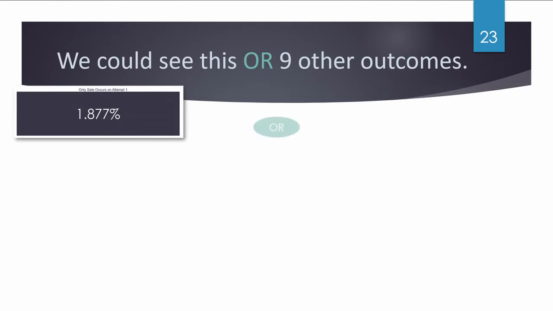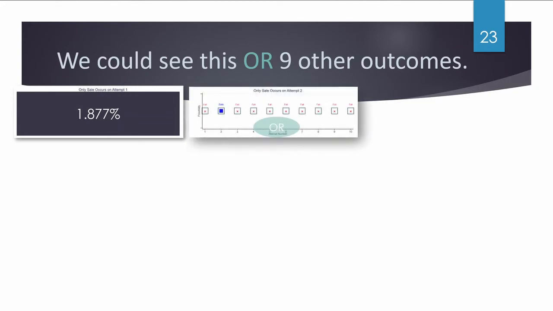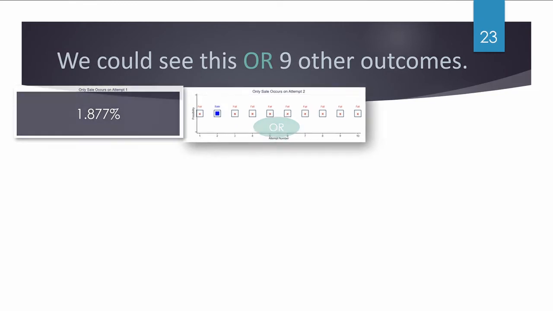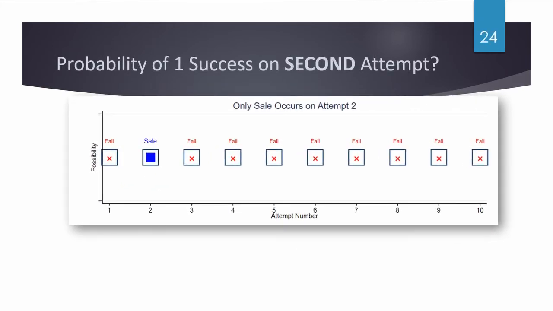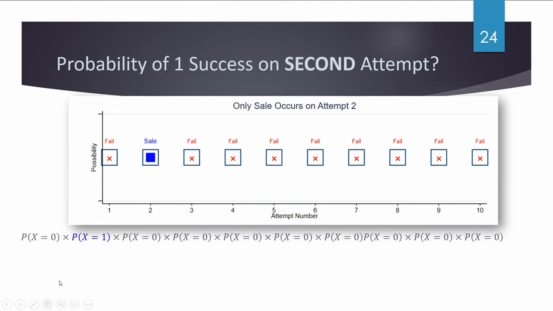One other possibility, we could observe this next graphic, which is what? It's a sale on the second attempt. So let's calculate the probability that that occurs. What's the probability of one success and it happens on the second attempt? Well, the only thing that's different about this expression is we've moved our probability of seeing a success from the first spot to the second.